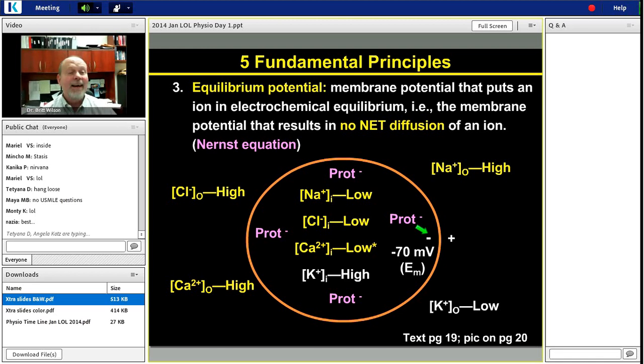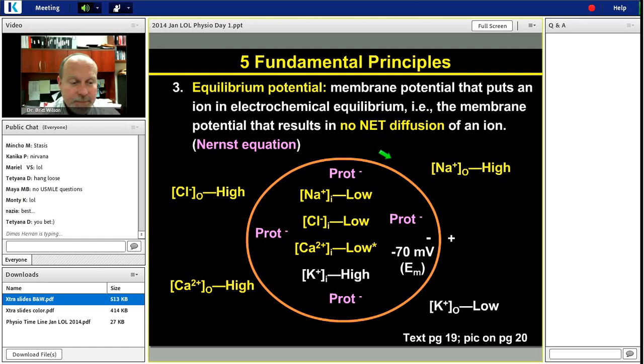Now, remember, ions move based upon chemical and electrical gradients. Equilibrium potential is this number, that if the cell gets to this number, it puts an ion in electrochemical equilibrium. Now, be very careful with that phrase. This doesn't mean that there's no longer a concentration gradient.